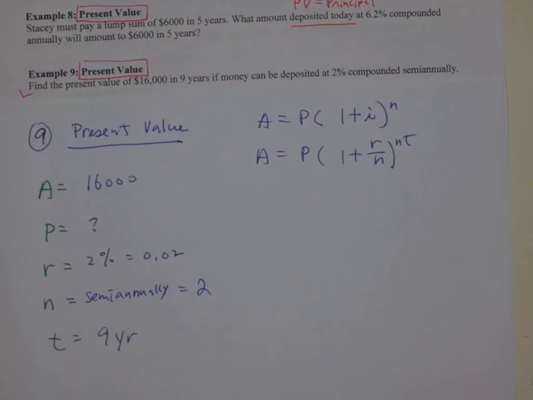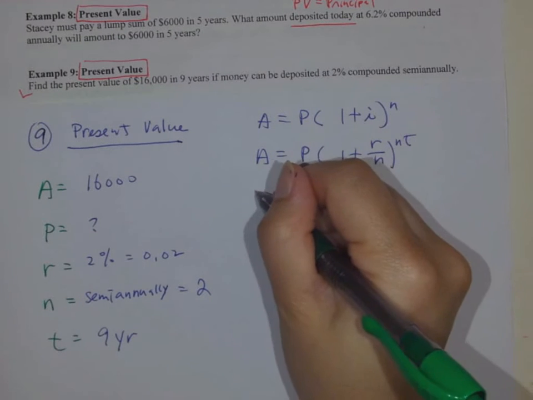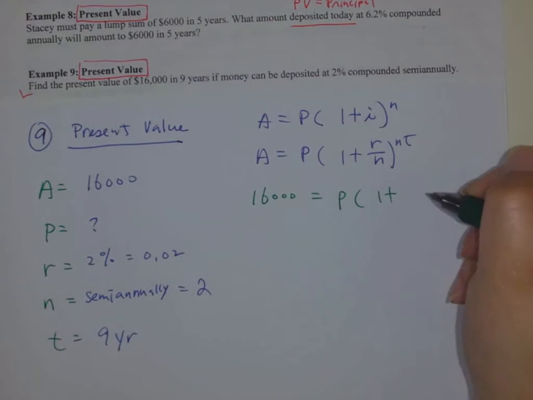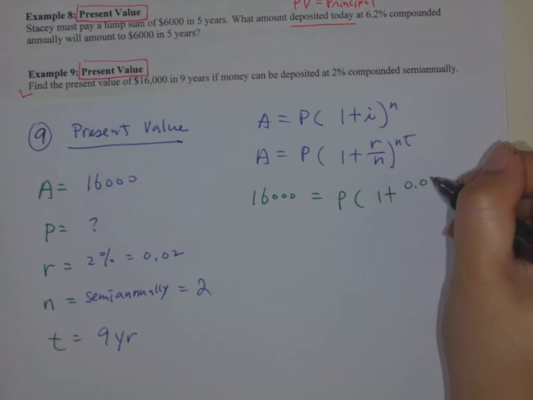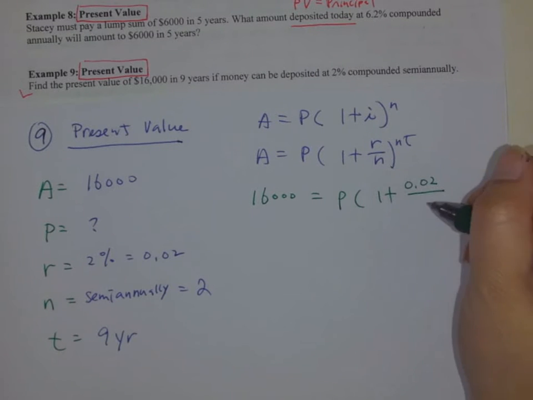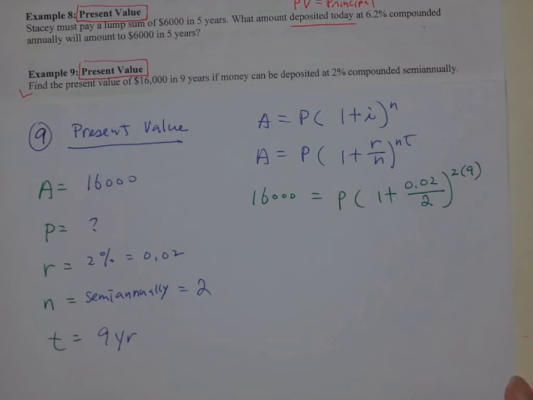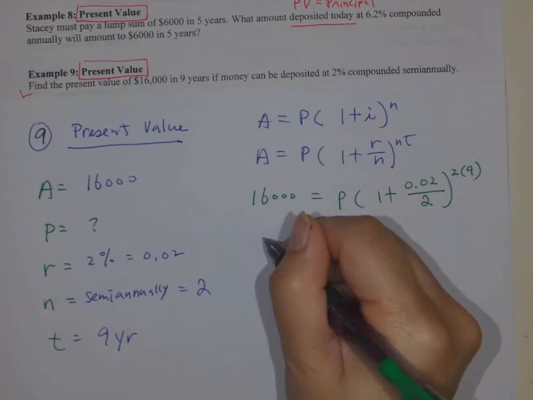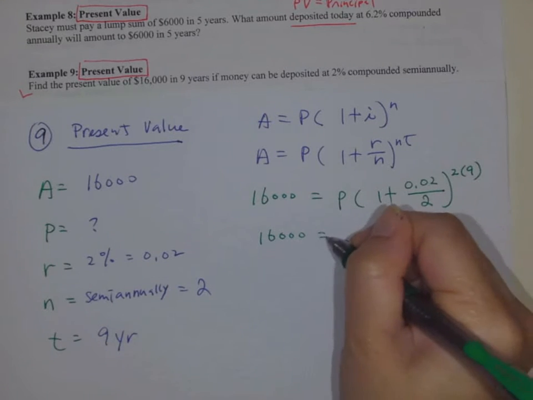Alright, so we're going to need to plug it in. Go ahead if you know. 16,000 equals P(1 + 0.02/2) raised to 2 times 9. Okay, so hopefully that's what you have, and then we need to solve for P. So let's clean that up a little bit.